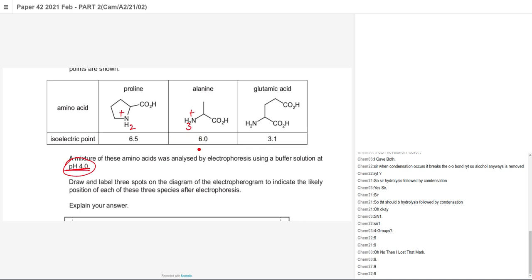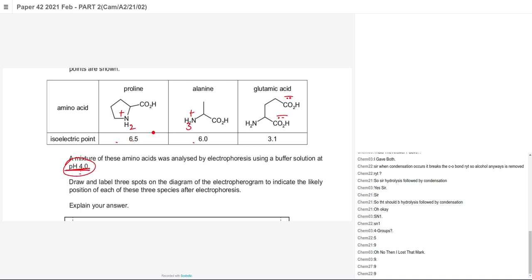So if the pH is greater than the isoelectric point, then it is considered as basic. Therefore, this carboxylic end, because it's not zwitterion anyway, will deprotonate and form negative charge. But in the other case, pH 4 is less than the isoelectric point. Can you see?